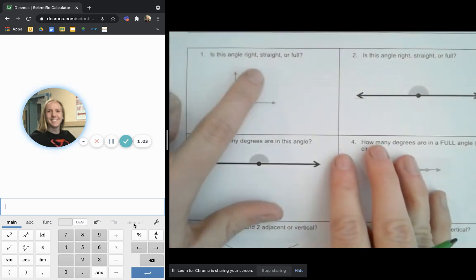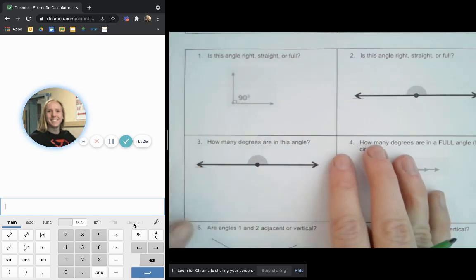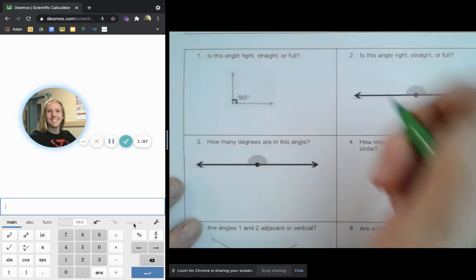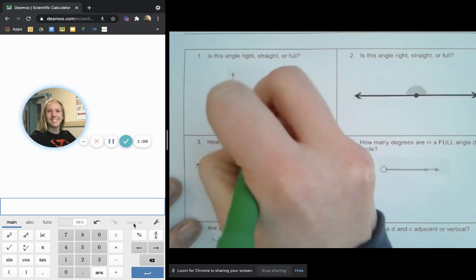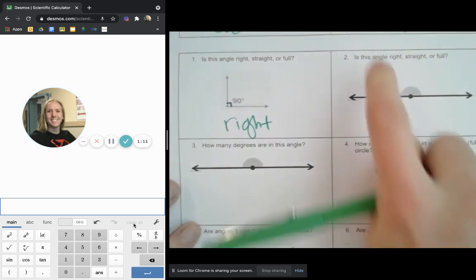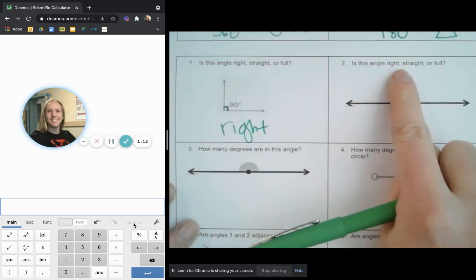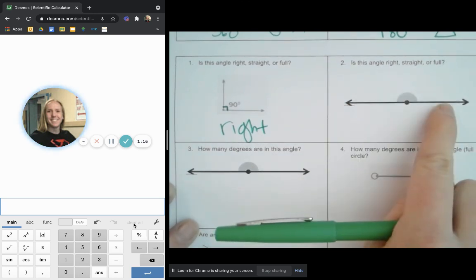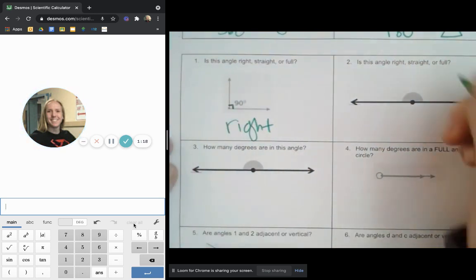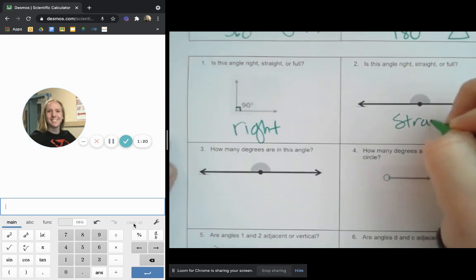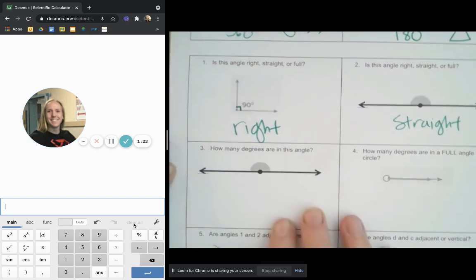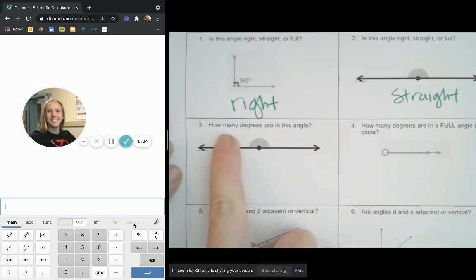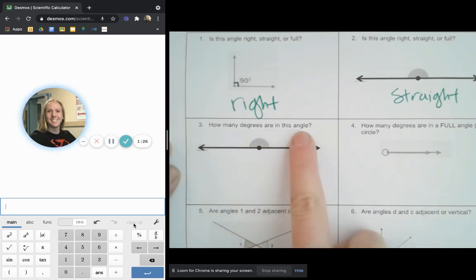So this says, is this angle right, straight, or full? It is a 90-degree angle, which means it is a right angle. This one says, is this angle right, straight, or full? Well, it's a straight line with the arrows pointing in opposite directions, so this is a straight angle. Number 3 says, how many degrees are in this angle?